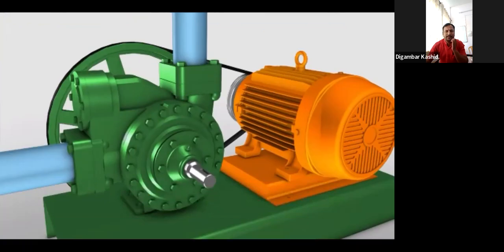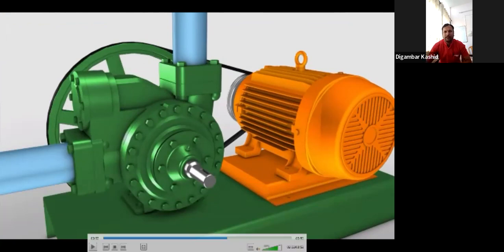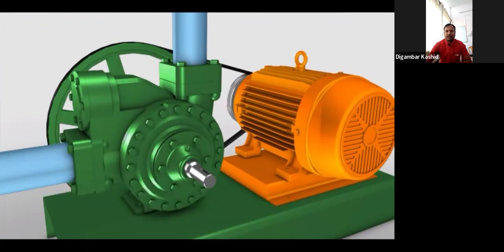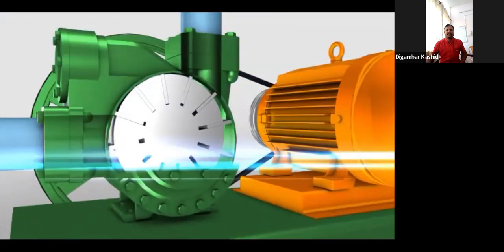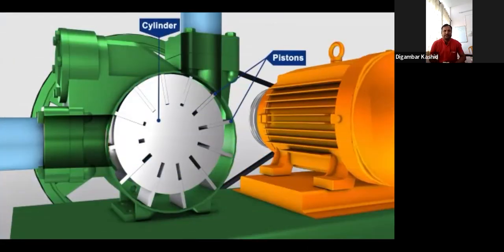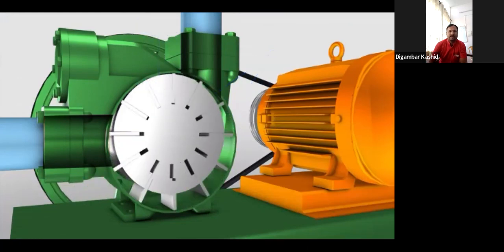Actually, this is a vane pump, but you can see similar construction is there. Here the fluid is there, but this is used for the vane air pump. It contains equally spaced radial pistons arranged radially around the cylinder center line.